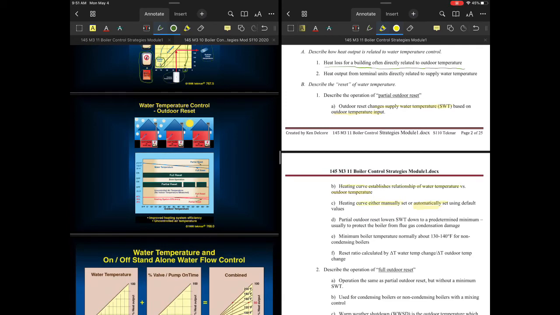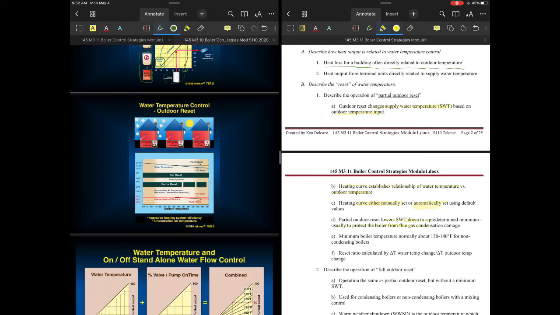There are some situations where the heating curve is either manually set or automatically curved. The manual curve, what I'm describing here, is where you tell it the high and the low points. Automatic is where, when you set up, there are some manufacturers like Tekmar that do this, where you say, this is the type of emitter that I'm using, and this is the type of boiler I'm using.